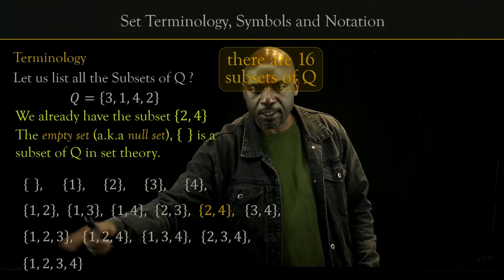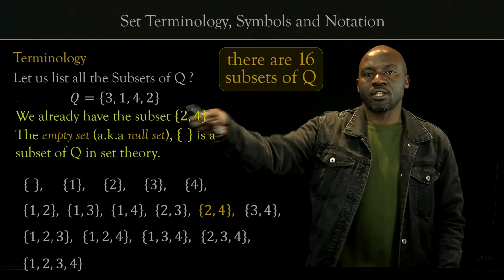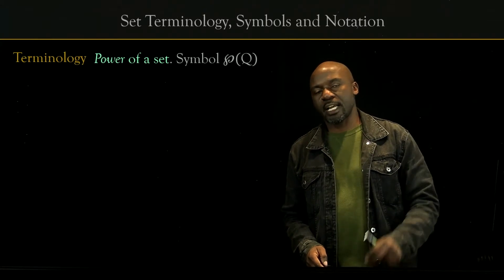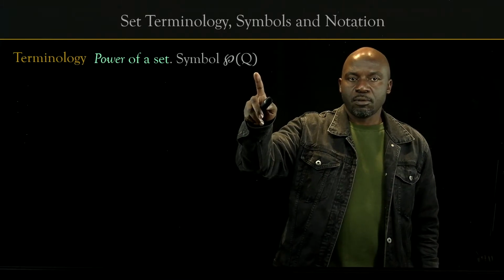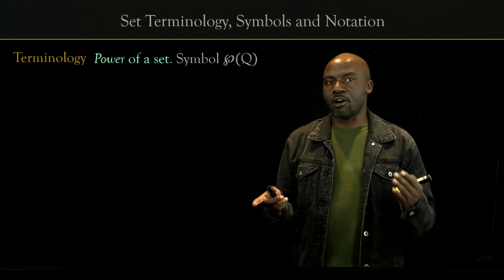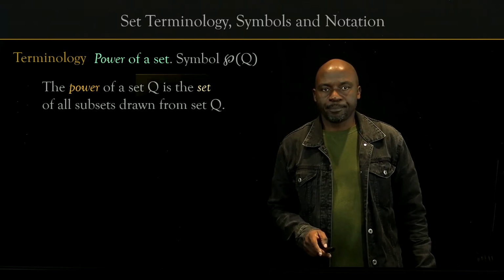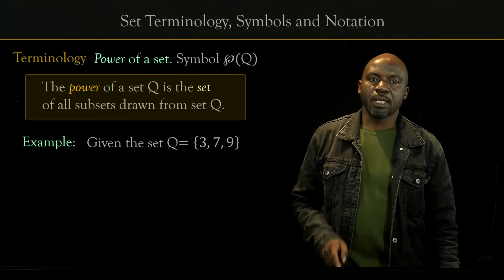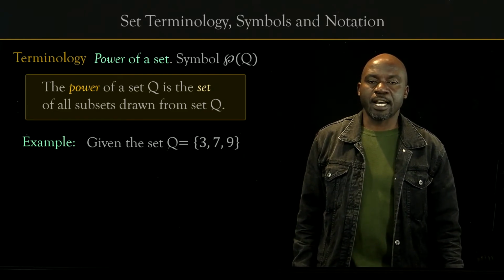If I put all of these as elements of one set, they form the power of set Q. So the power of set Q is a set that contains all the subsets of the set Q. There it is as the definition, and we're going to see this better. Here's an example. Given a set Q contains elements 3, 7, and 9.